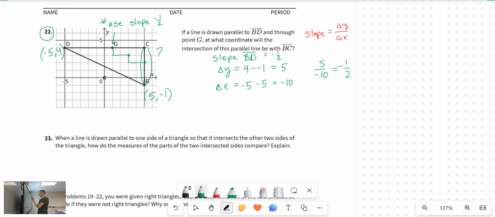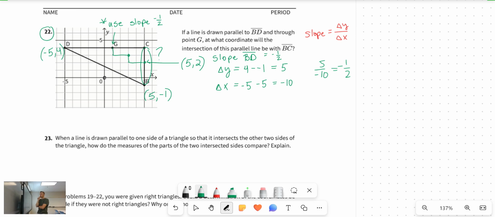It's going to be this point right here. And what is that point? Well, it has the same x value as point B. So it's going to be 5 comma something. And it looks like it's 5 comma positive 2. 5 comma 2. Seems like that's our point.